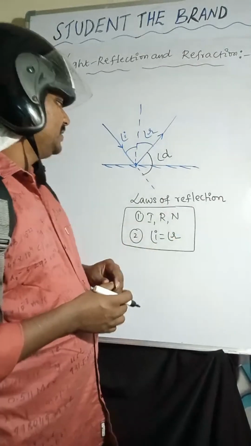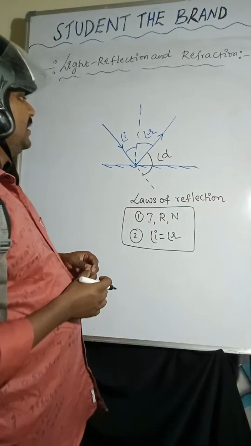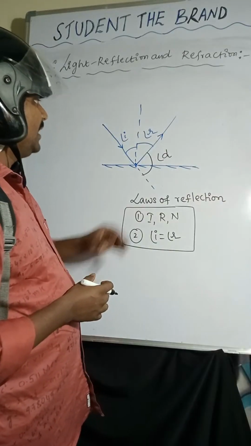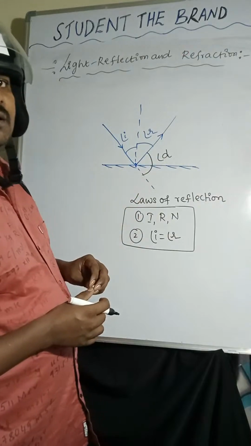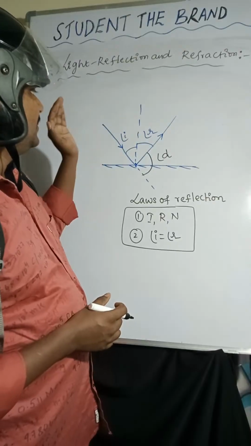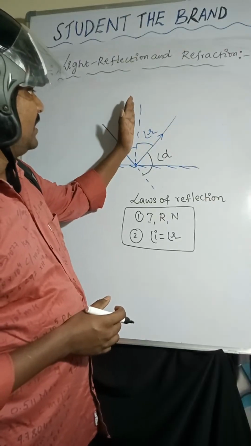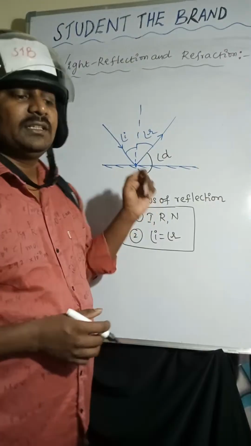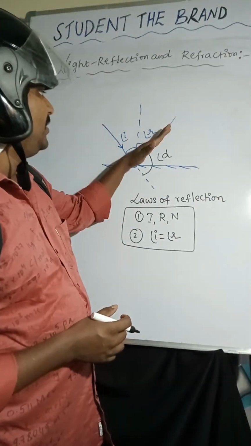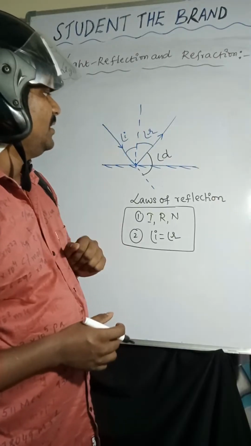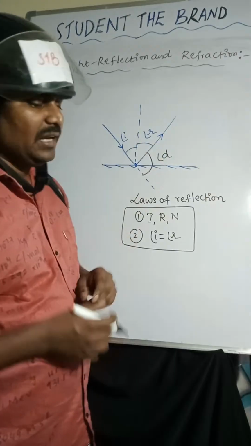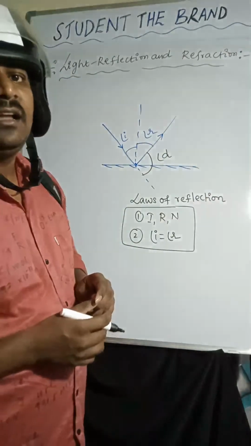Now we will see the angle of deviation. The angle between the incident ray and the normal line is called the angle of incidence. The angle between the reflected ray and the normal line is called the angle of reflection. The angle between the reflected ray and the undeviated line is called the angle of deviation.